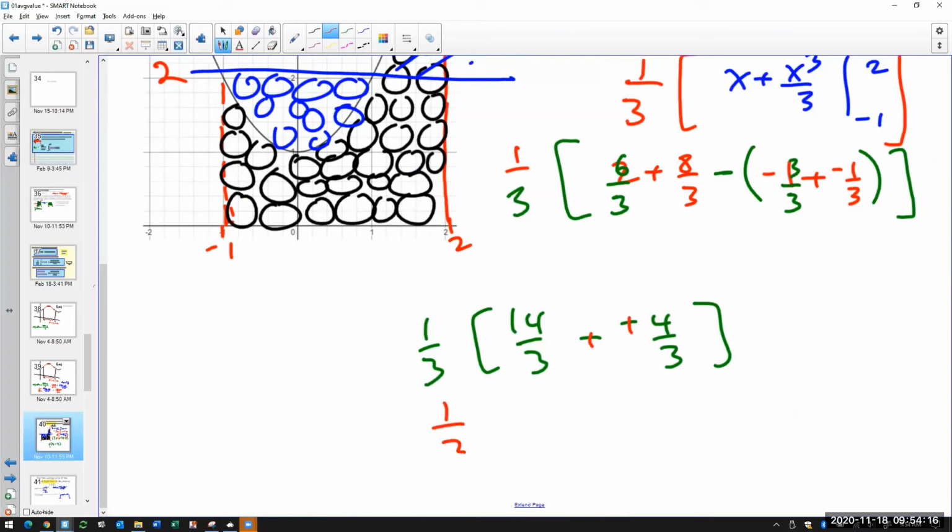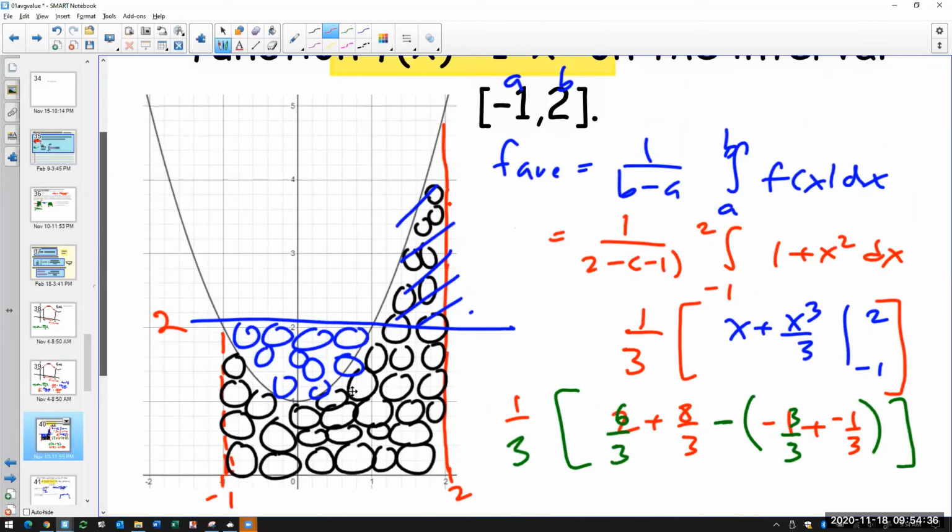So I get 1/3 times 18/3, but that's really 1/3 times 6, which is 2. So we calculated average value using the formula, but you could also use M&Ms to count average value and be pretty accurate. On your AP calculus test, I don't think you're allowed to bring M&Ms in, so you're going to have to do it this way.